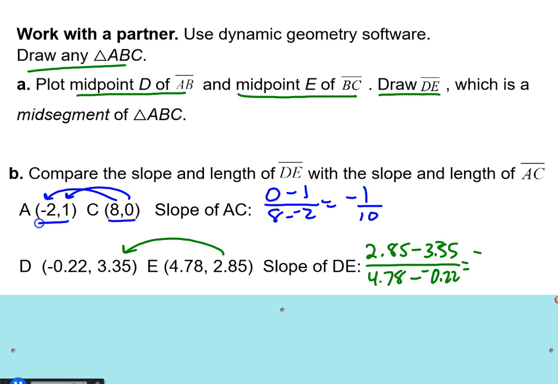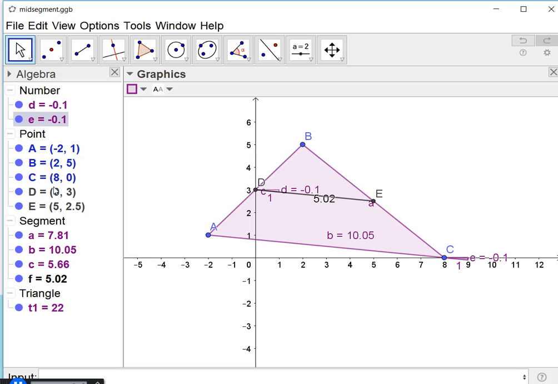And when we do this, we get -0.5 over 5, which if we simplify, we get -1/10. So you see that their slopes are the same. And what does that mean about the lines? Well, lines that have the same slope are parallel.